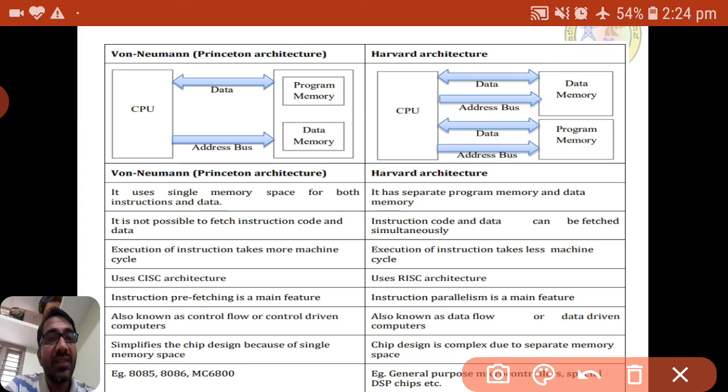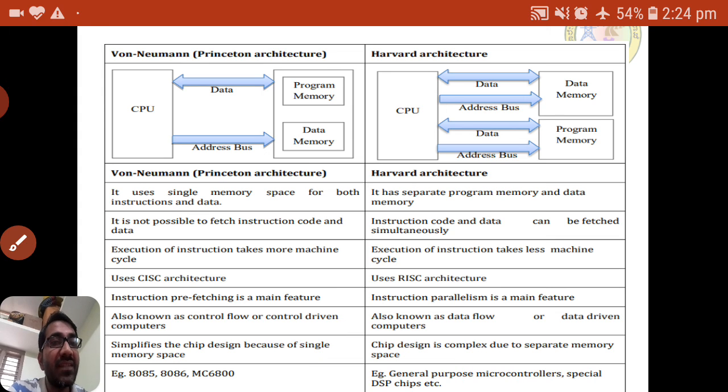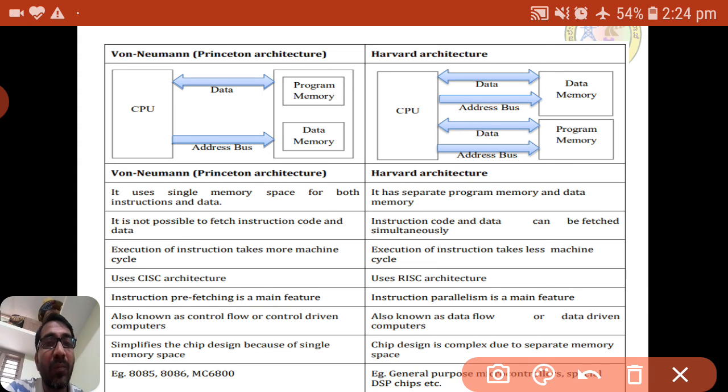And the chip design is simplified because of the single memory space. And here the chip design is somewhat complex because there is a separate memory for data and program. Okay, the examples for the Von Neumann architecture are, as we are seeing here, 8085 and 8086, that is microprocessors.